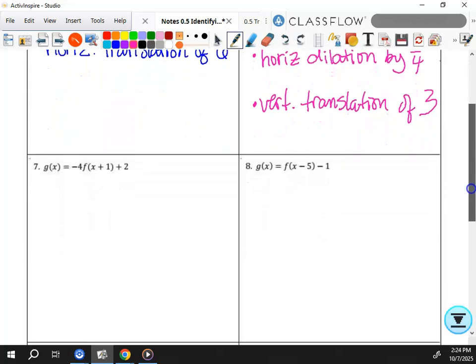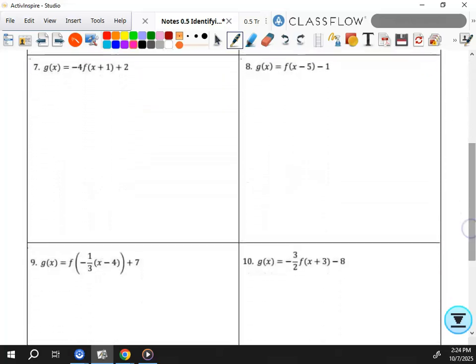All right. So here, we're going to box this, right? So I start with the negative. That's outside that box. So that is a, I'm about to write vertical. That's not what I want. This is a reflection across which one? X-axis.